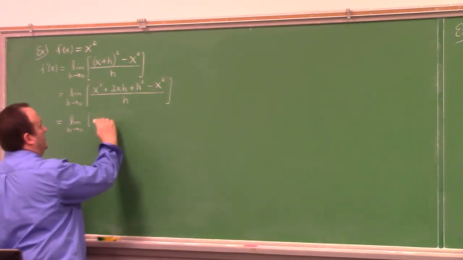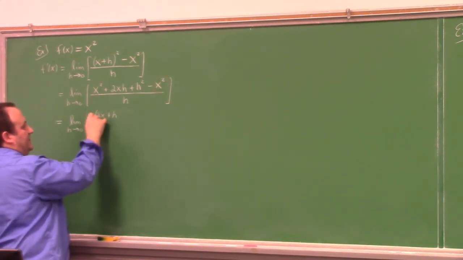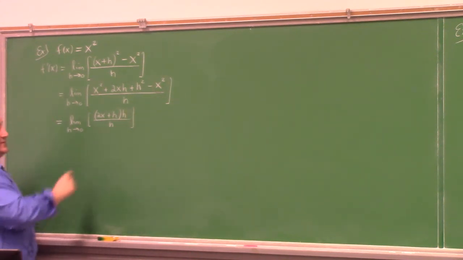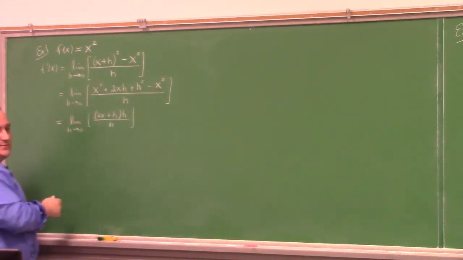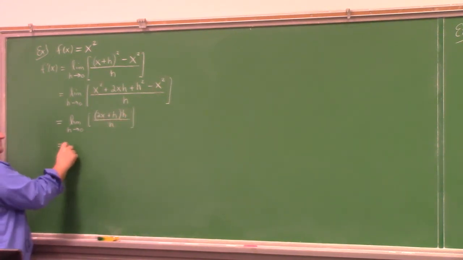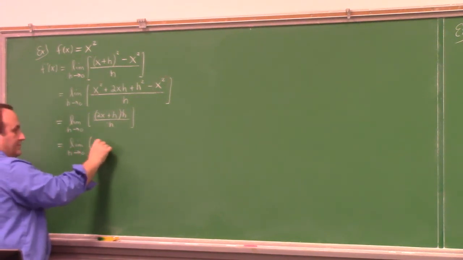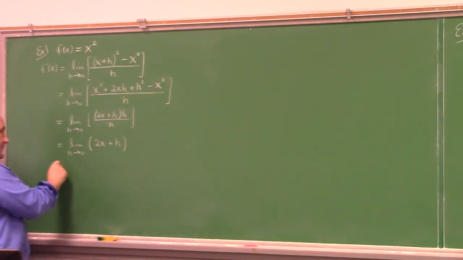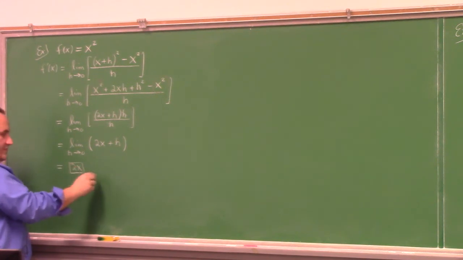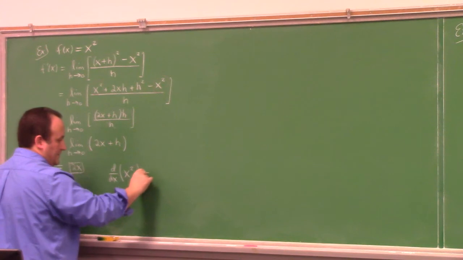Fine, I'll do another step here. This is 2x plus h times h divided by h. So I can factor h out from those two terms, and then I can cancel them, which gives 2x. So the derivative with respect to x of x squared is 2x.